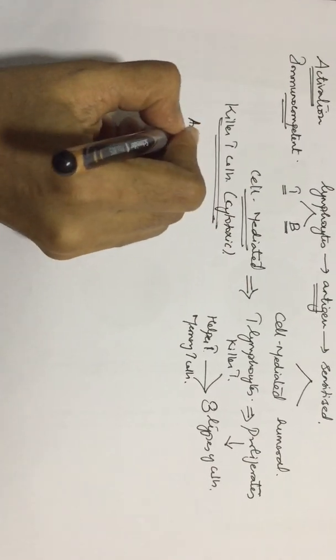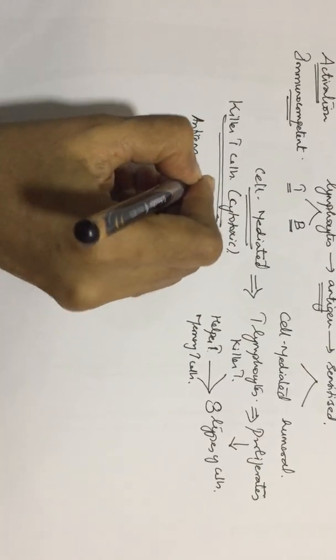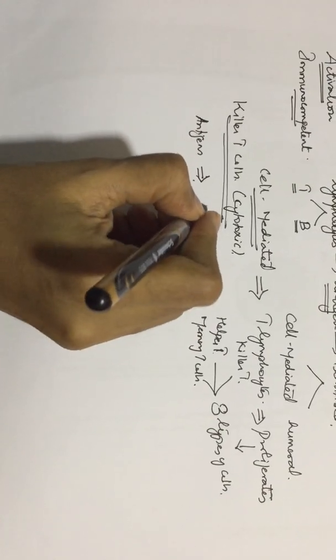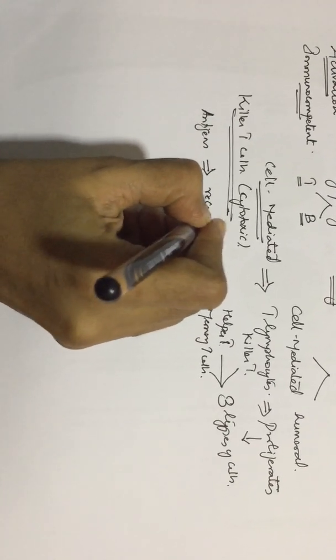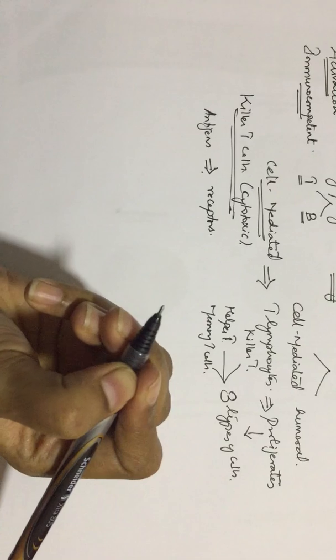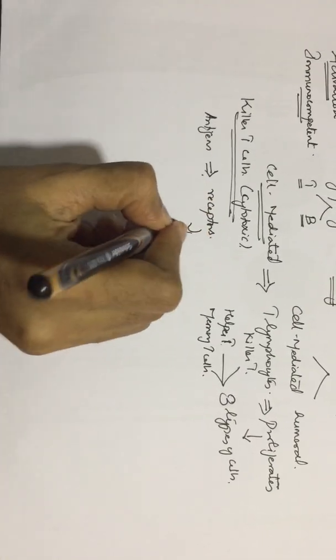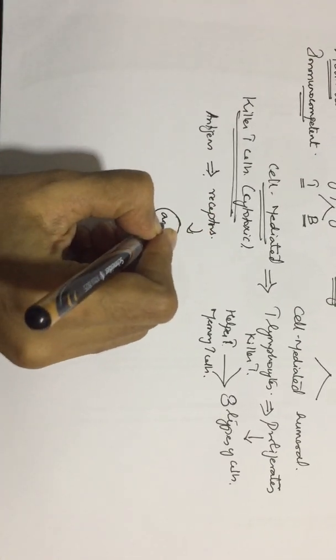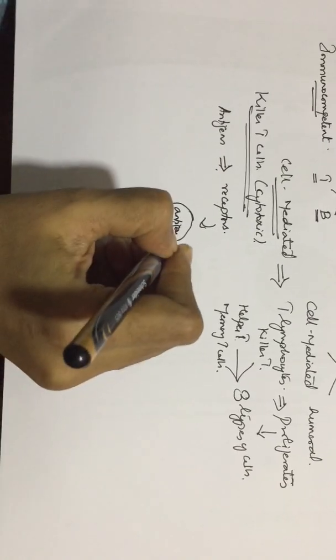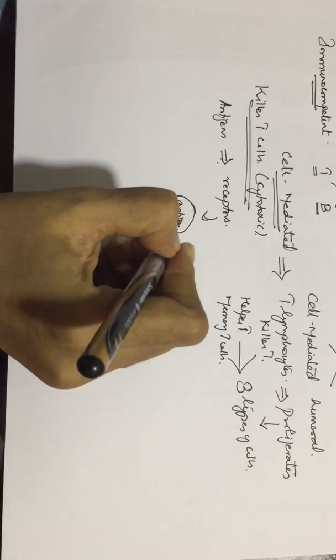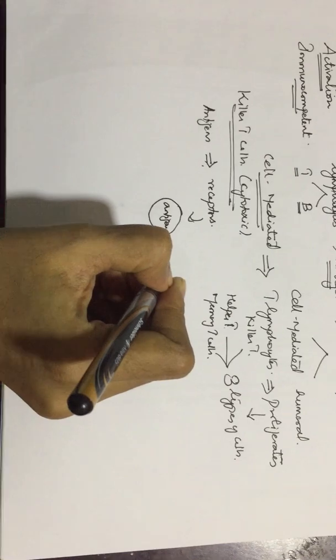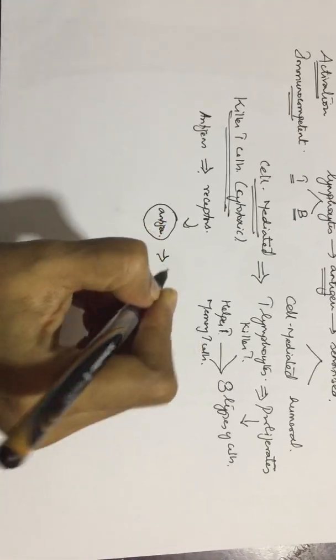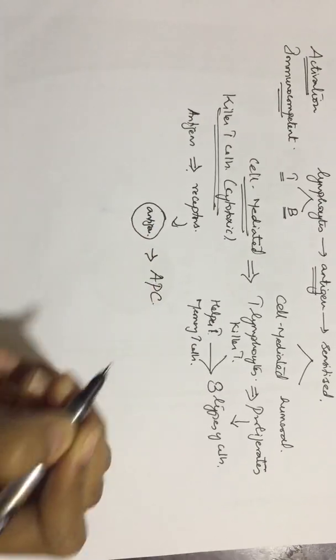The antigens which enter the body will enter specific cells through their receptors on the cell membrane. Once the antigen enters the cell, the cell will present this antigen to the lymphocytes, and hence they are called antigen presenting cells.